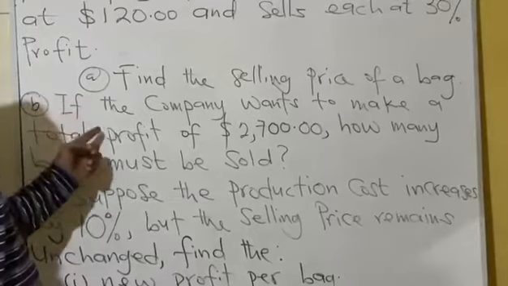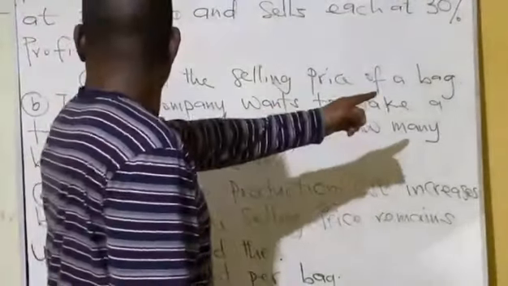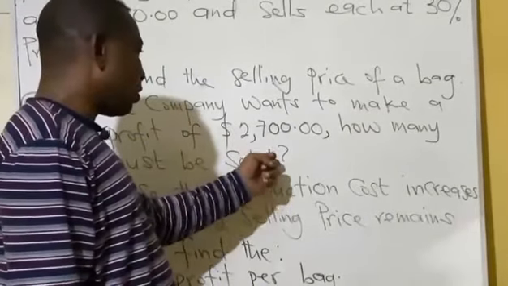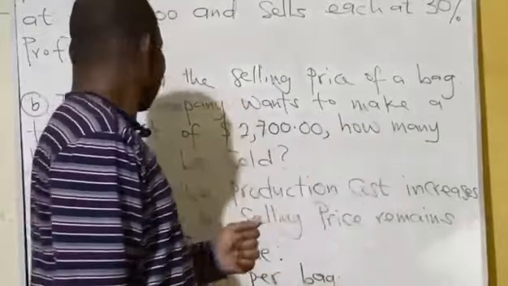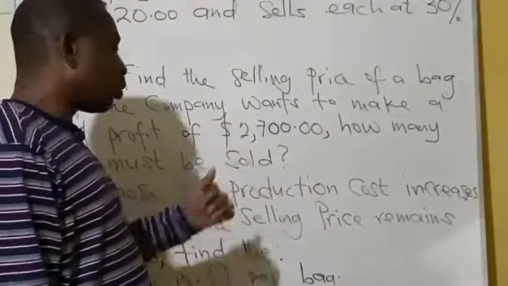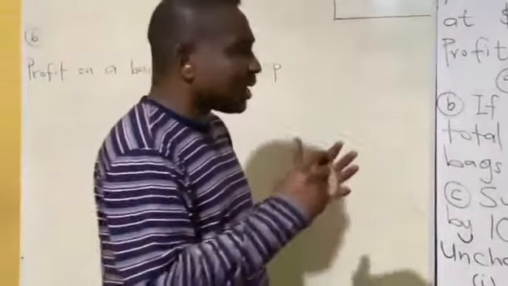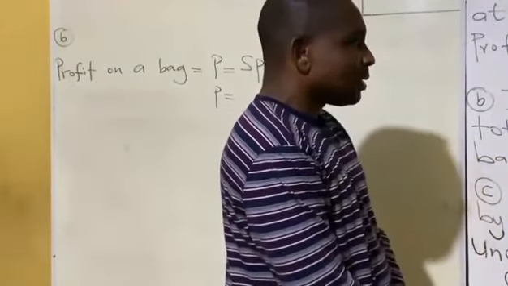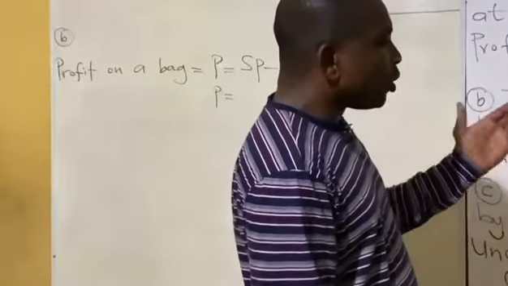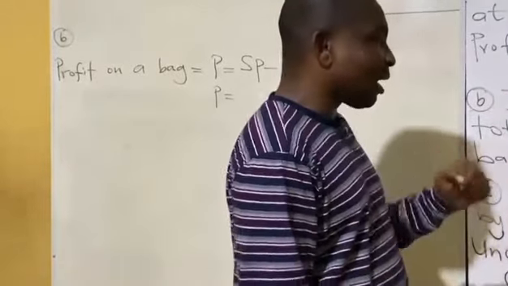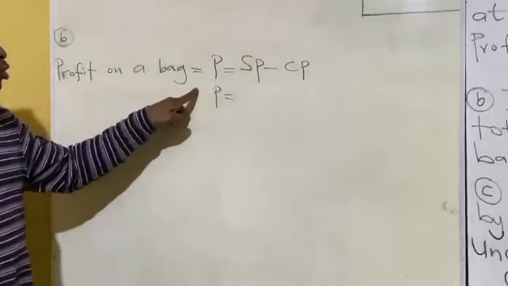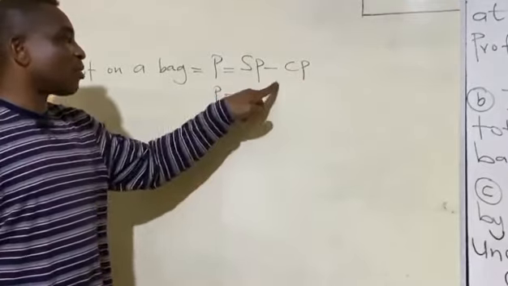B. If the company wants to make a total profit of $2,700, how many bags must be sold? Here, we don't know the number of bags that will be sold to realize this profit, and also we don't know the profit per bag. Let us first calculate the profit. Profit on a bag, P, is equal to SP minus CP.